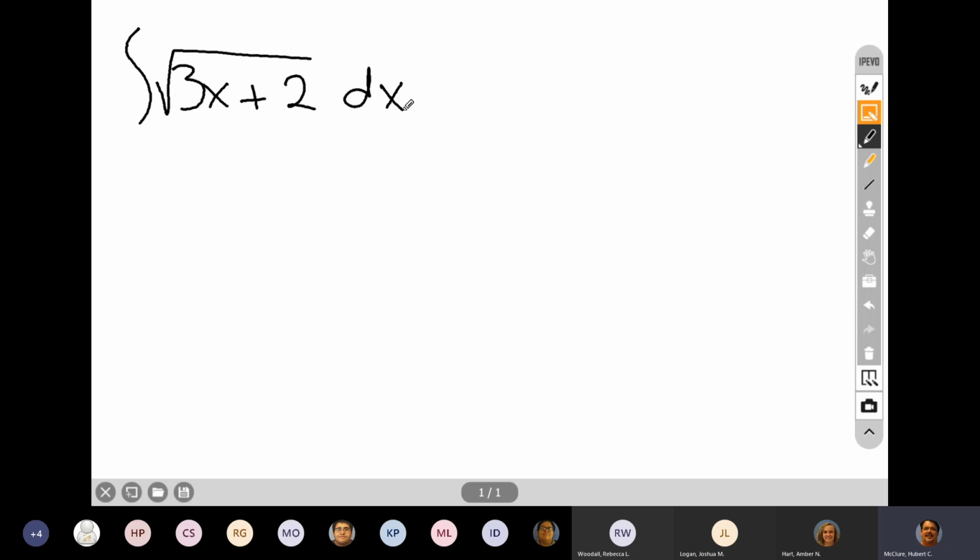I'm going to let you write that down. I want you to go ahead and rewrite it. Of course, you're not going to write it with a radical because radicals and calculus don't mix.